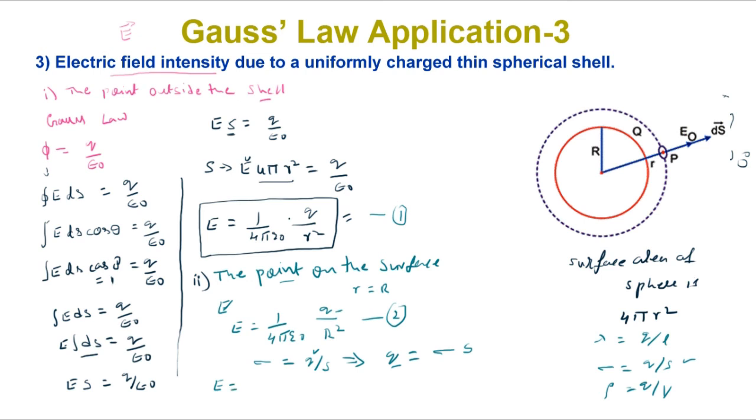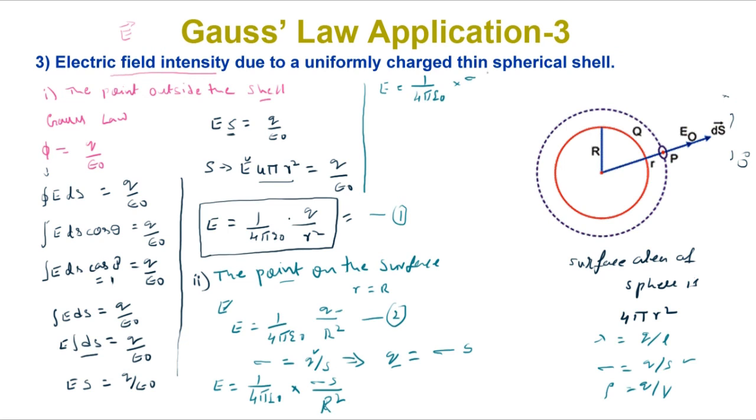E is equal to 1 by 4 pi epsilon naught times sigma S divided by capital R square. Now the remaining part: sigma stays as it is, and S means surface area.